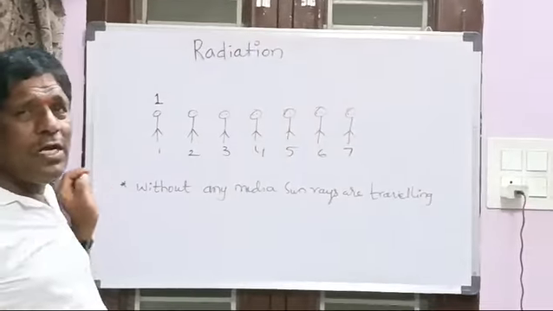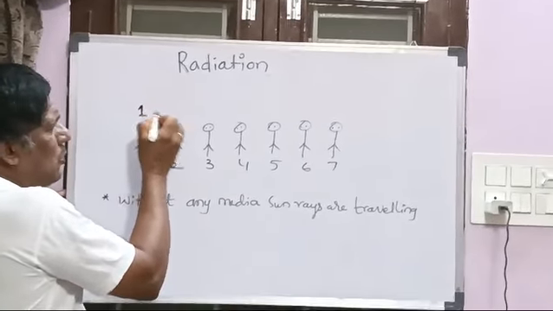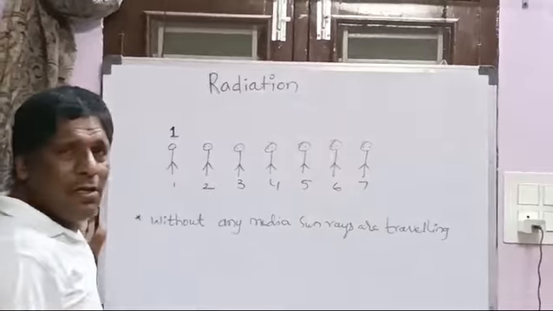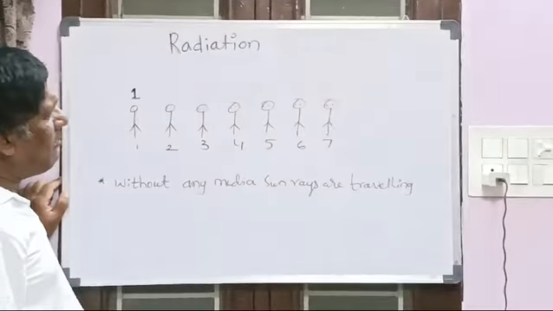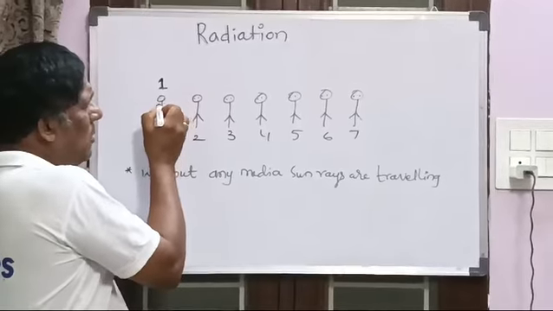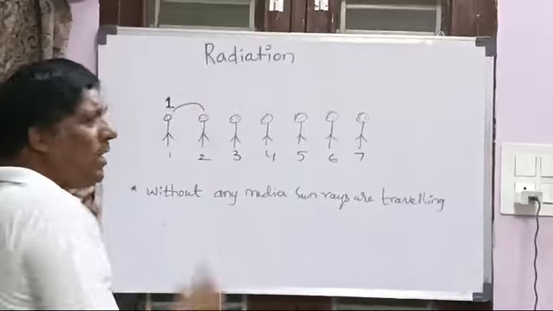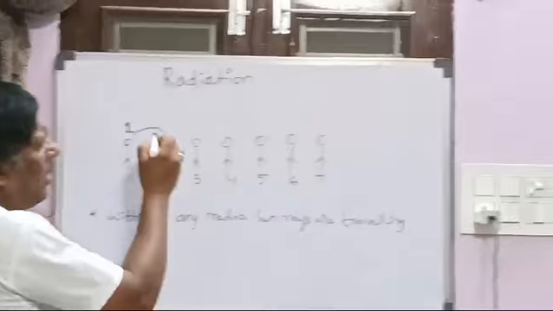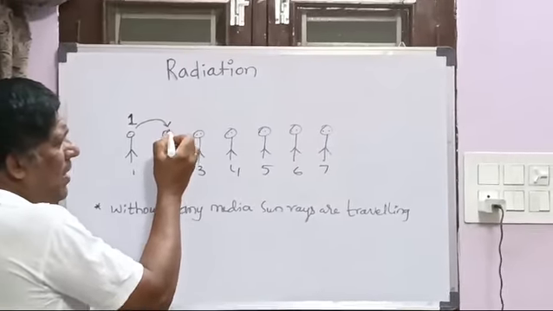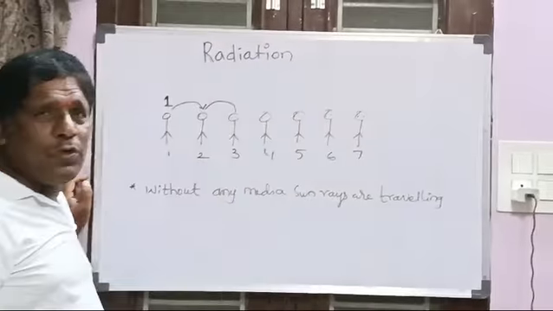So how many possibilities are there? This piece of chalk has to be transferred to the last person. One possibility is that each person, without changing his position, hands it over to the next person.